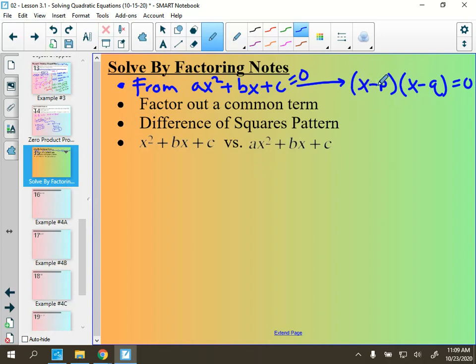We kind of just talked about that this gives us hopefully a relatively easy finish. So that's the big picture of what we're doing. These are just some general guidelines when we're factoring.